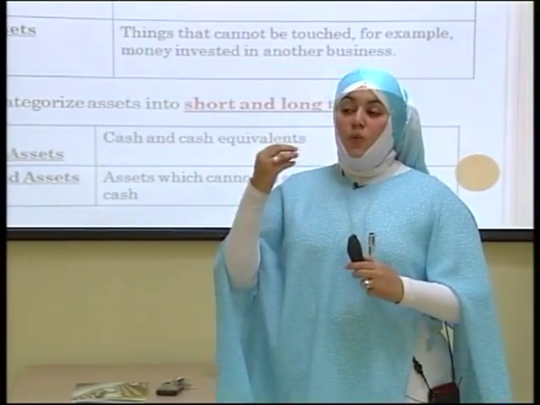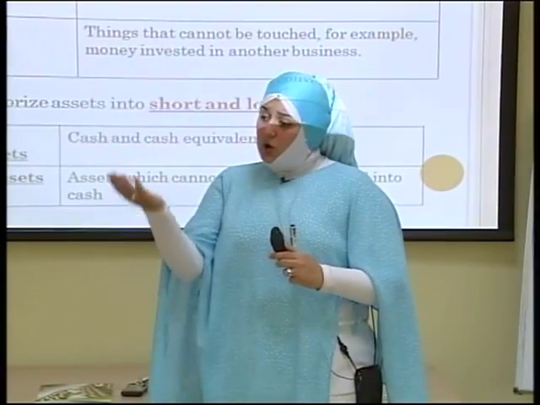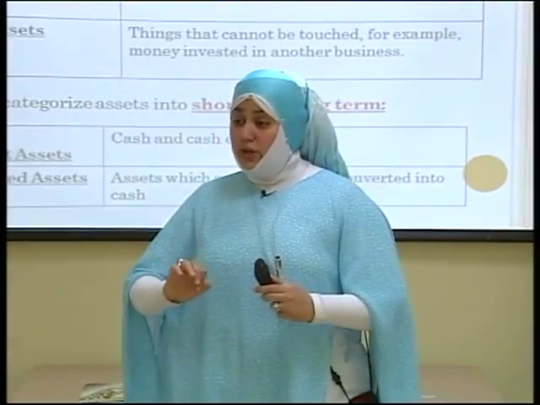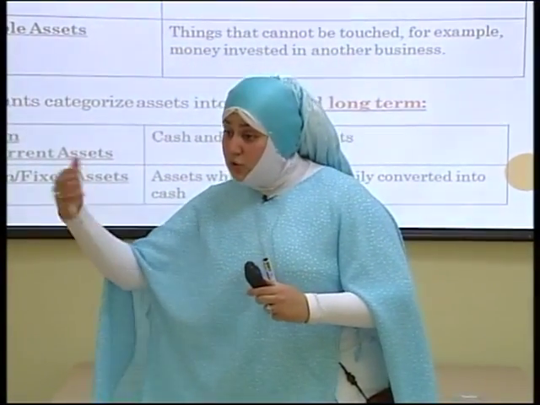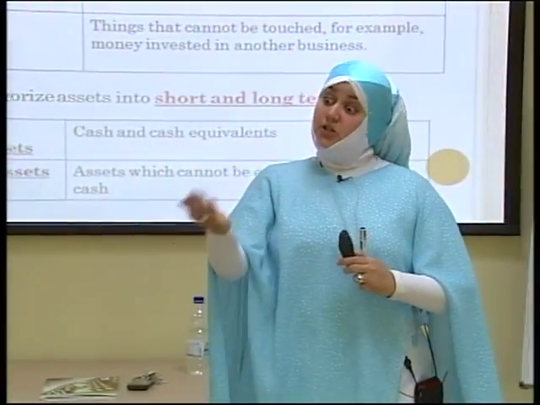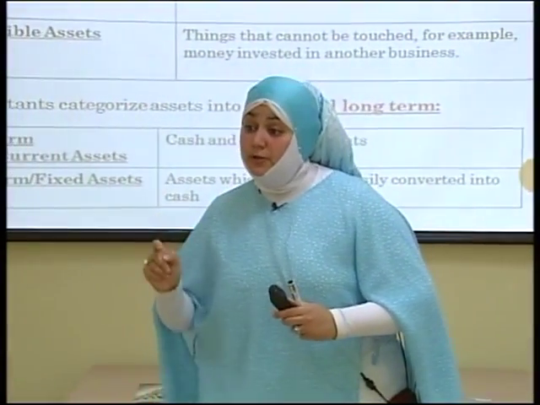Why? Short-term assets are cash and anything else that can be easily converted into cash. When we talk about inventory, don't you sell your inventory every day? Of course. Which means that it is easy to be converted into cash, right? The accounts receivable means what?